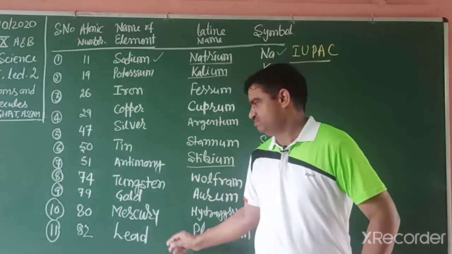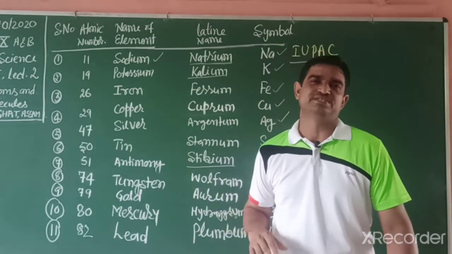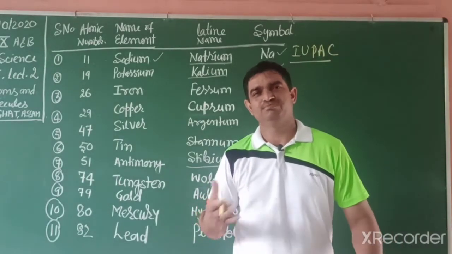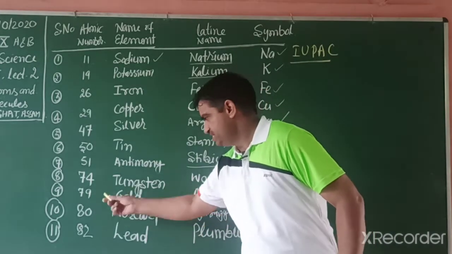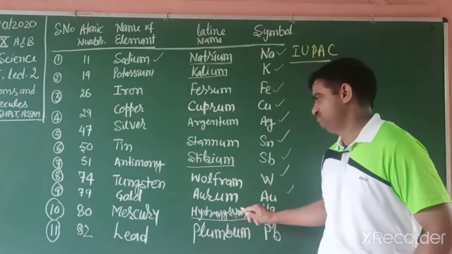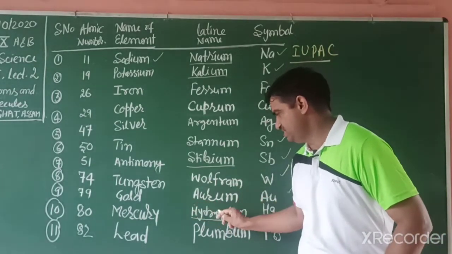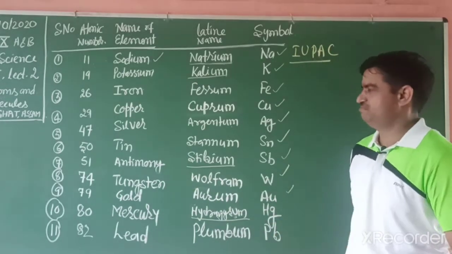Next is mercury, an element found in liquid state at room temperature, which we use for measuring temperature. Mercury's atomic number is 80 and its Latin name is hydrargyrum. Its symbol is Hg, taken from hydrargyrum.